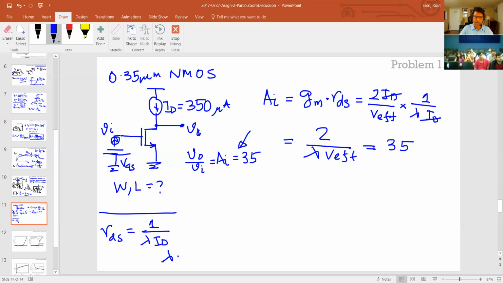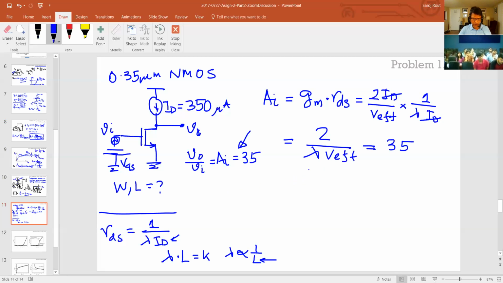You've probably seen in table 1.5 that lambda times L is a constant, which means lambda is proportional to 1 over L. So if your ID is given and you have to choose a certain RDS, the only other option is L. So you have to find out what that L is for this given V effective.